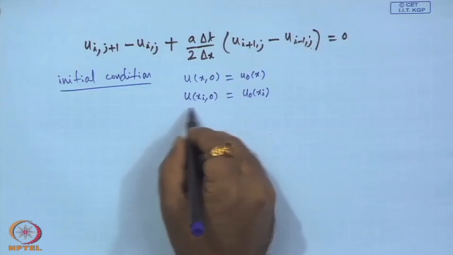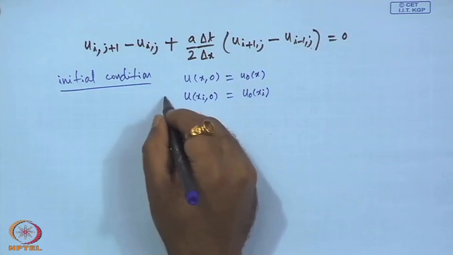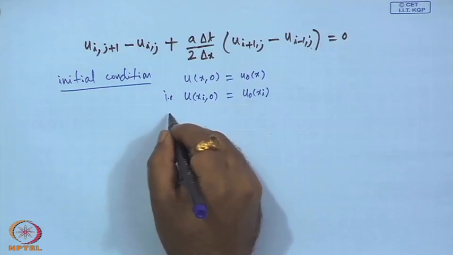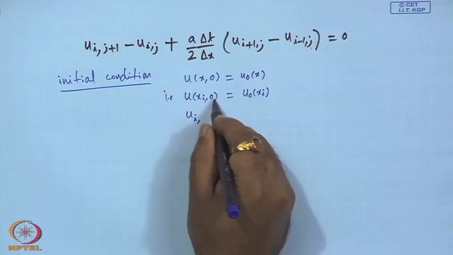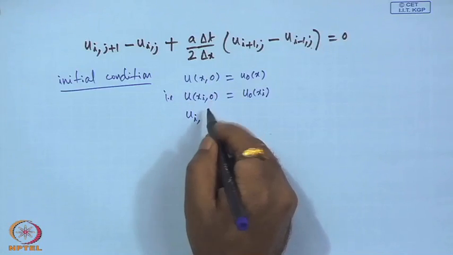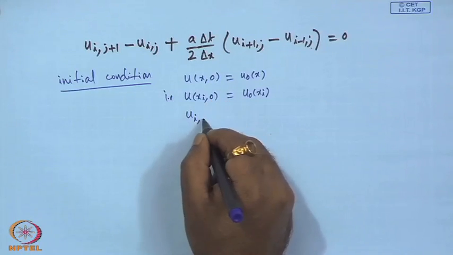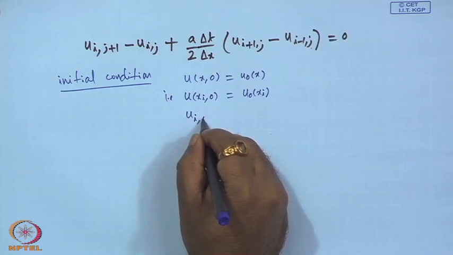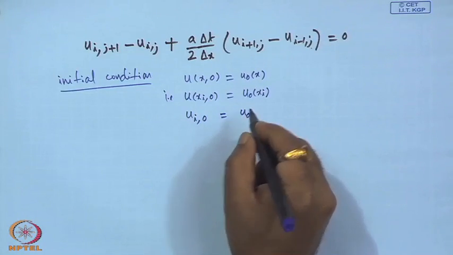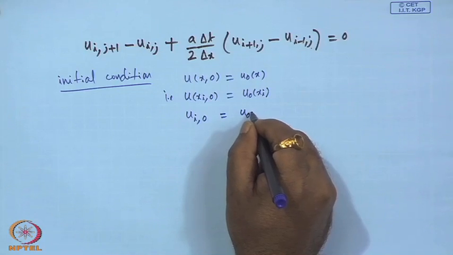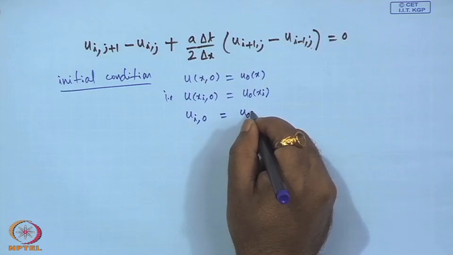Okay. So, further in our notation, u_i, and this is for all t_j, t_j equal to 0, for all j, t_j is 0. So, this is the usual notation. So, u 0 of x_i.